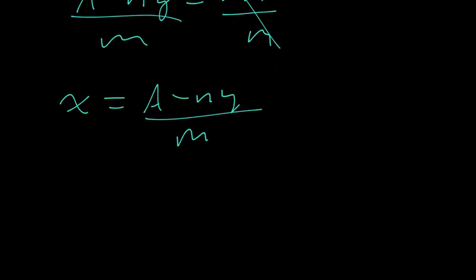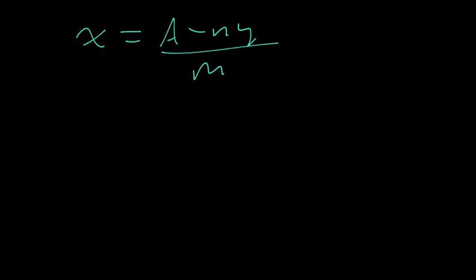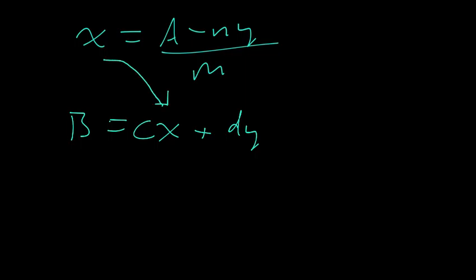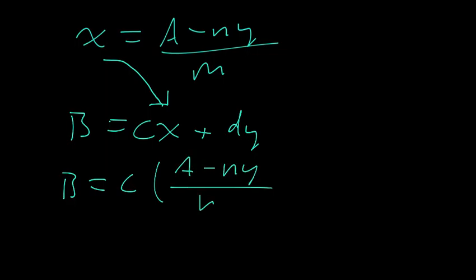Now I'm going to rewrite the second equation that we're given. So b equals cx plus dy. And now I'm going to substitute what I found here into x in this equation. So we'll have b equals c times a minus ny over m, plus dy.